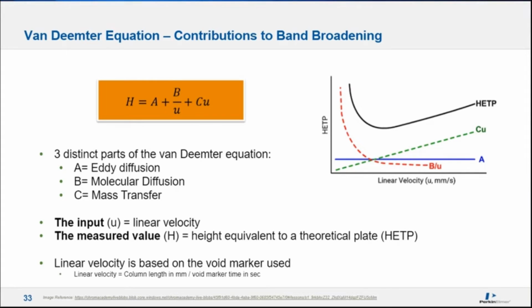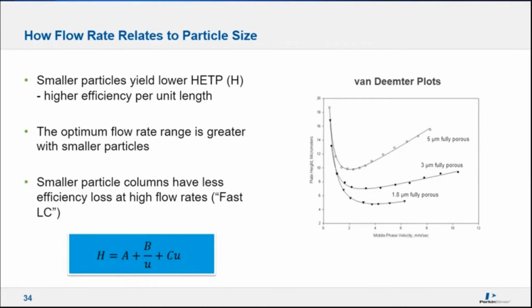The mu in this case is the linear velocity, and we are measuring the height equivalent to a theoretical plate, or the HETP, and that's the H. The lower the HETP, the sharper the peak. So how does flow rate relate to particle size? We have drawn here three Van Deemter plots in which we measure the HETP versus the mobile phase linear velocity.